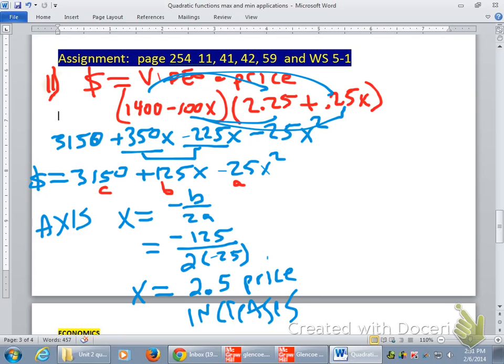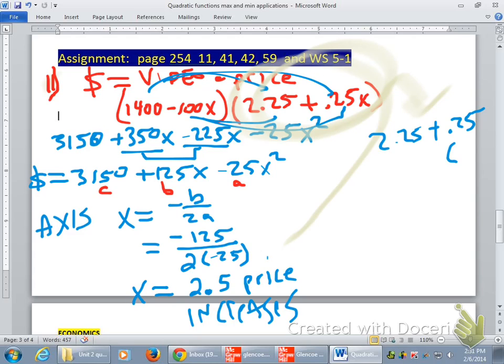Yes. All right. So I need to kind of put that into this, don't I? So I need to do, let's see, 2.25 plus 0.25 times 2.5. What is that?